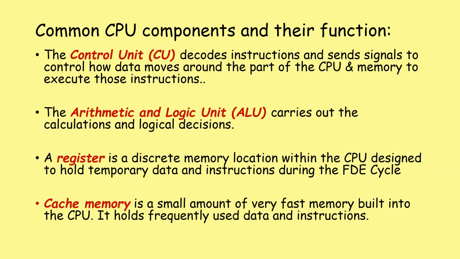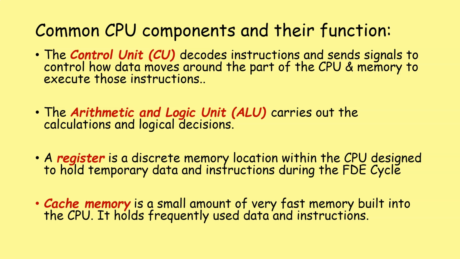Common CPU components and their function. The control unit, or CU, decodes instructions and sends signals to control how data moves around parts of the CPU and memory to execute those instructions. The arithmetic logic unit, ALU, carries out the calculations and logical decisions.